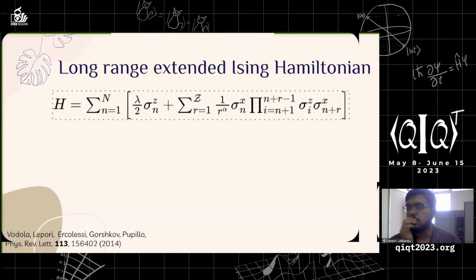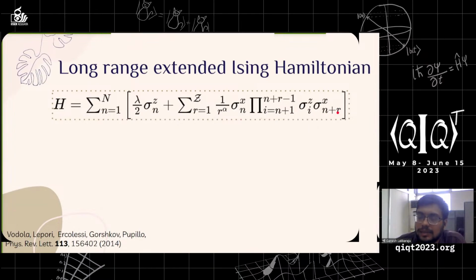Okay, so let me introduce the workhorse of our talk, the long-range extended Ising model. If you observe carefully, this is the on-site magnetic field. If we ignore the middle term, it just looks like sigma x at n and sigma x at n plus r, with r being one for nearest neighbor.